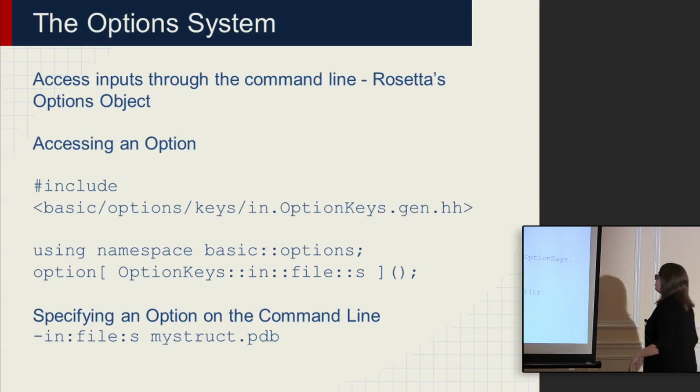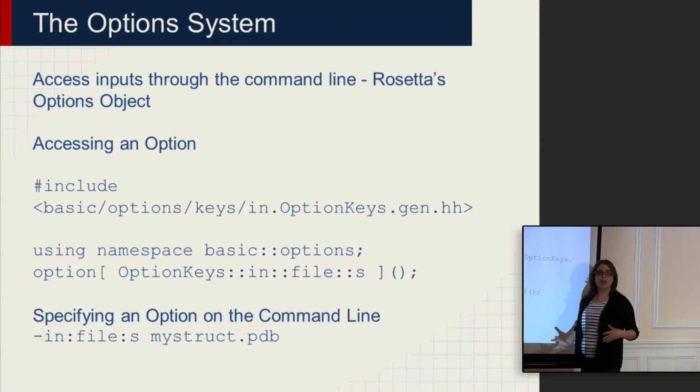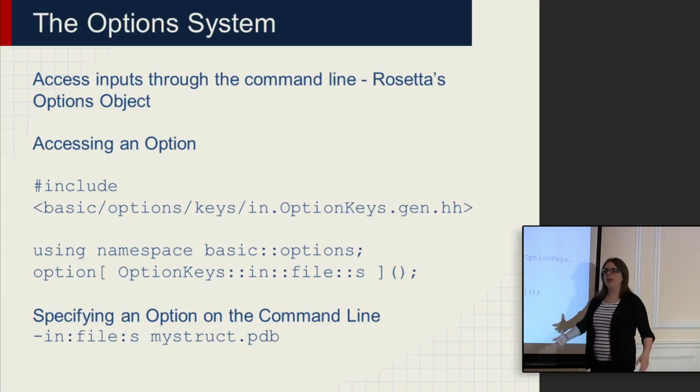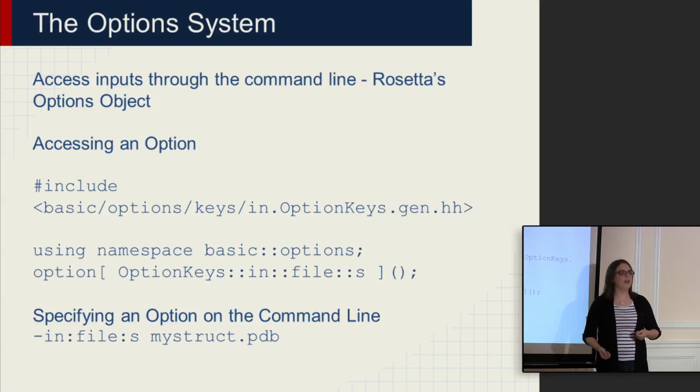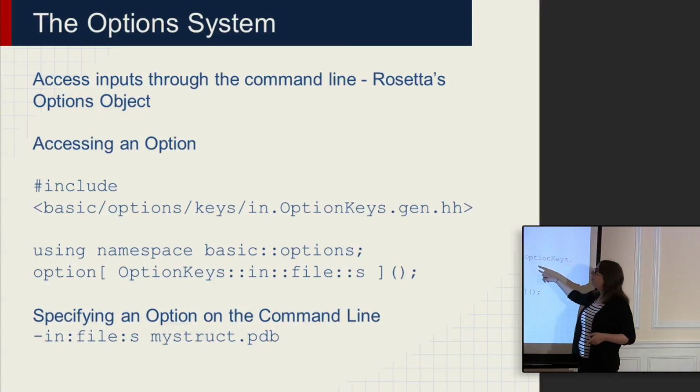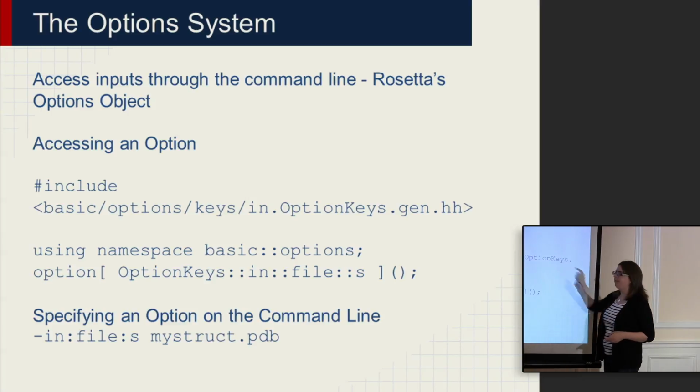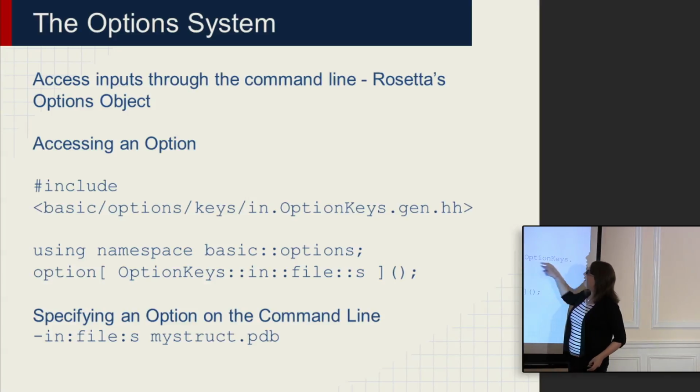And now that you've added the option to the option system, the next question would be, how could I get access to this option in code? I want to set something from the command line. So the first thing you do is you would #include the header file that the option is described in. They're described in these option keys files.